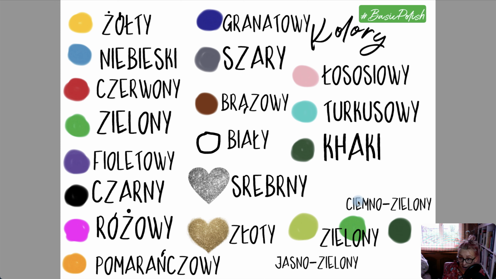If the color is dark, in this instance green, you would use ciemno-zielone, and you can do it with any color you want. So light purple would be jasno-fioletowy. Dark purple, ciemno-fioletowy. Something is light gray. Jasno-szare, dark gray. Ciemno-szare.